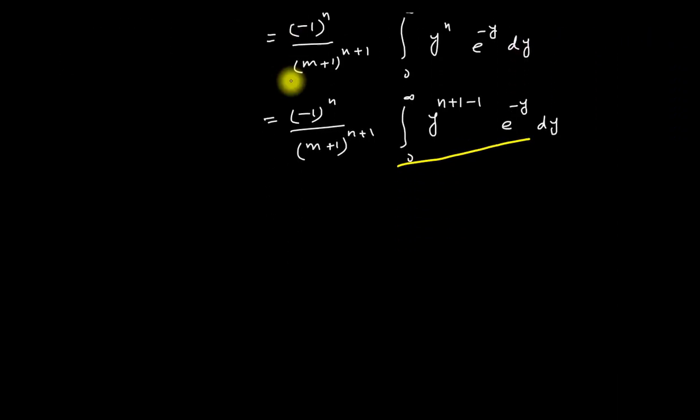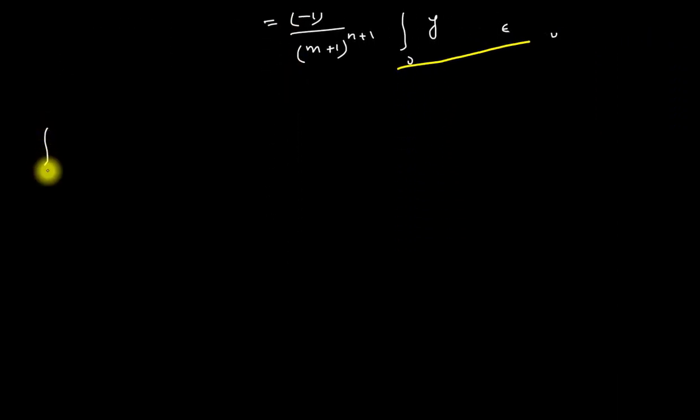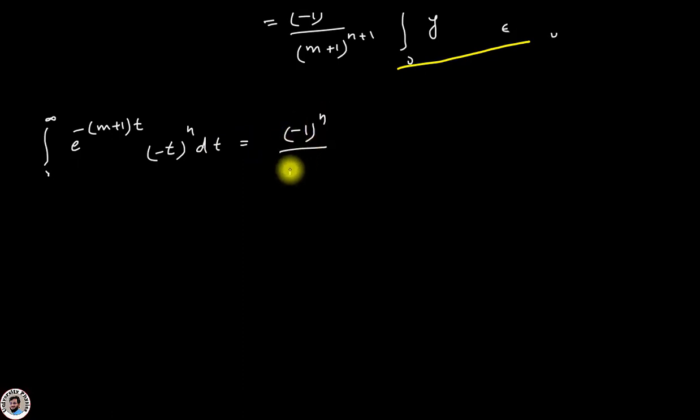Therefore, this equation can be written as the integral from 0 to infinity of e to the power minus (m+1)t (minus t) to the power n dt, which will become equal to (minus 1) to the power n divided by (m+1) to the power n+1 into gamma of n plus 1.